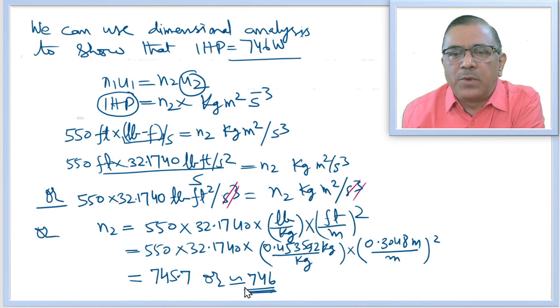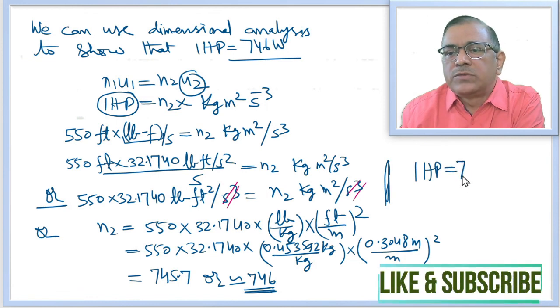So this is the required conversion. Thus we can say that 1 horsepower equals 746 watt.